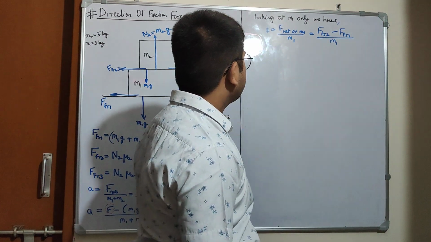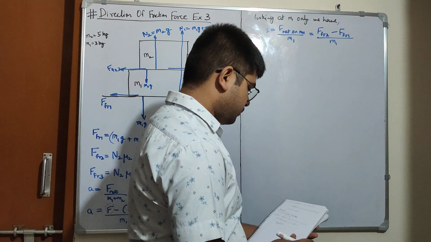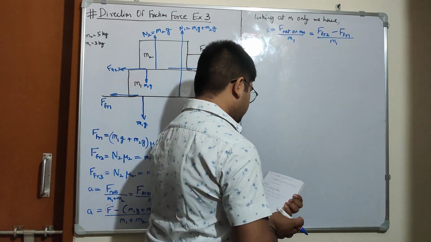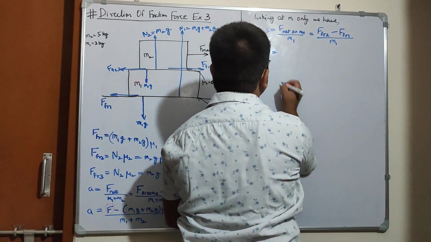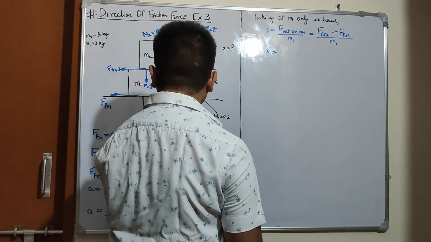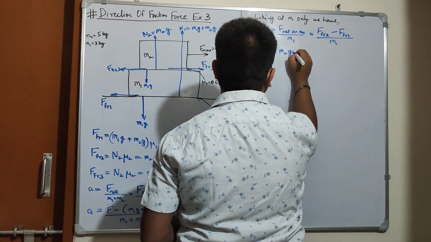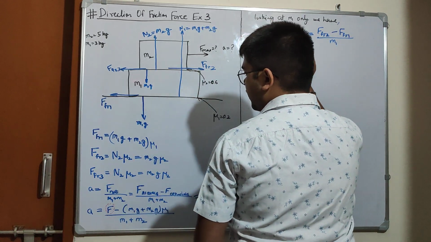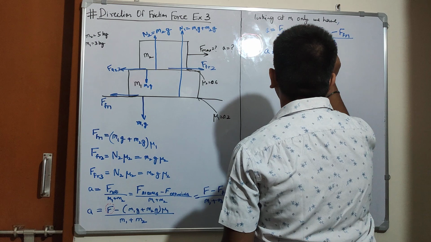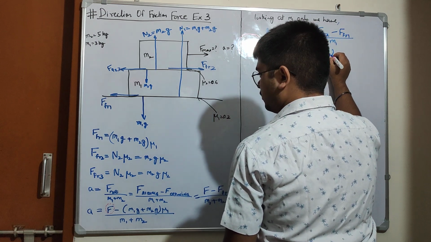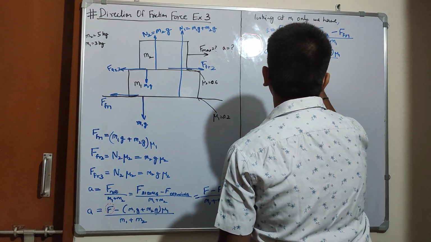Now we know all these values. Acceleration equals m2g mu2 minus (m1 plus m2) g times mu1, divided by m1.